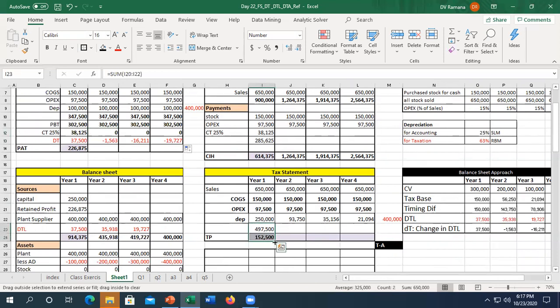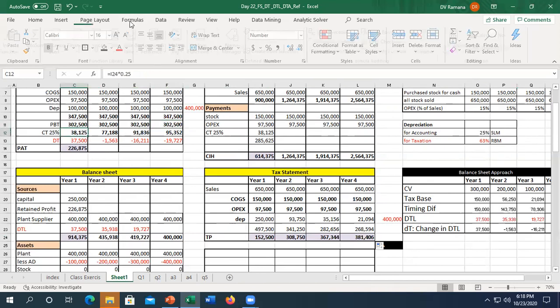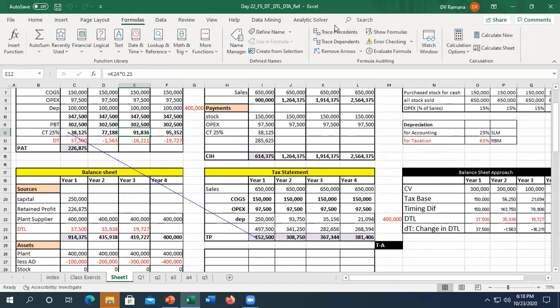The taxable profit is 308, accounting profit is 302. The taxable profit is 367, accounting profit is 302. Taxable profit is 381, accounting profit is 302. So the current tax is calculated on the taxable profit.